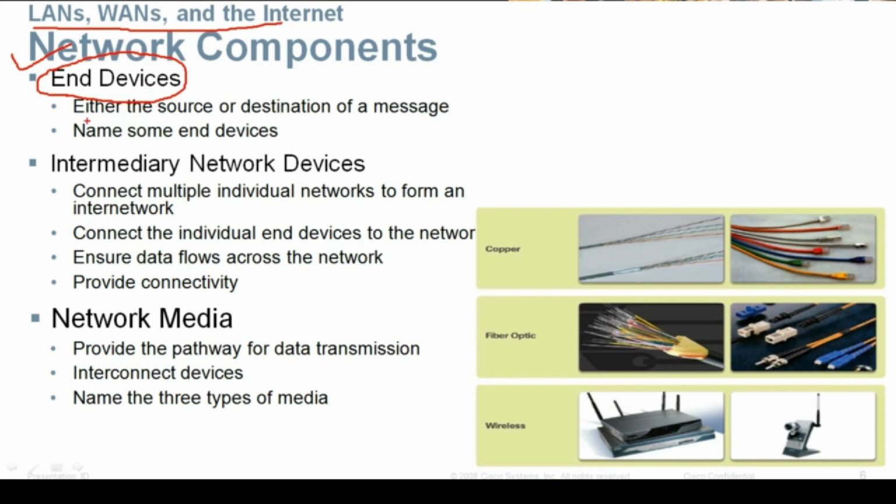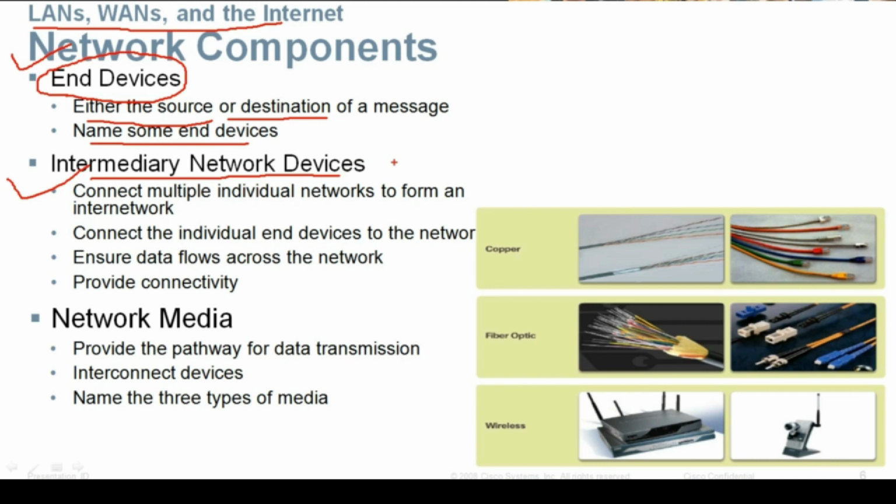It can be either source or destination. Majorly the traffic flows from one end device to another. The device which sends the traffic is known as the source device, and the device which receives the traffic is known as the destination device. We also have to name end devices, either through IP addresses or through MAC addresses, so we can recognize them.